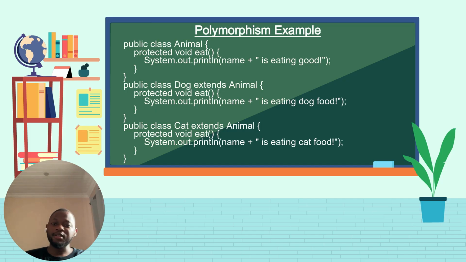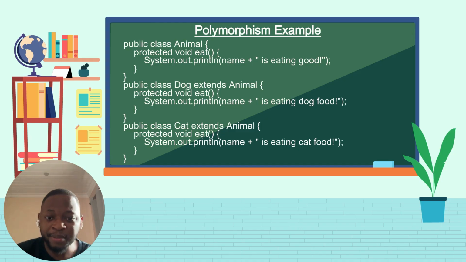We have public class animal with the method eat. Animal name is eating good. That's like our default functionality that we wanted to go with. So whatever subclass inherits the animal method, when they invoke the eat method, they will have the animal name is eating good printed out.